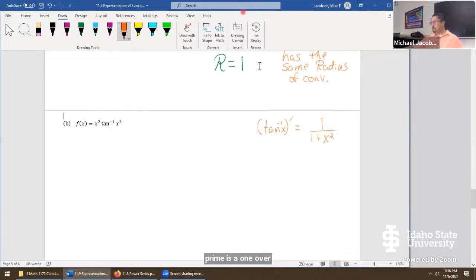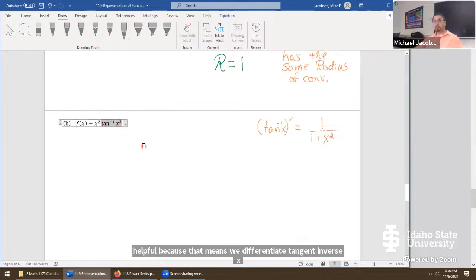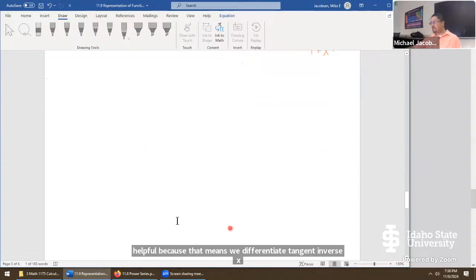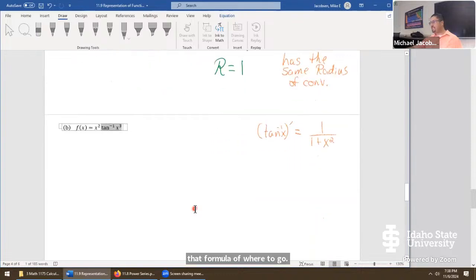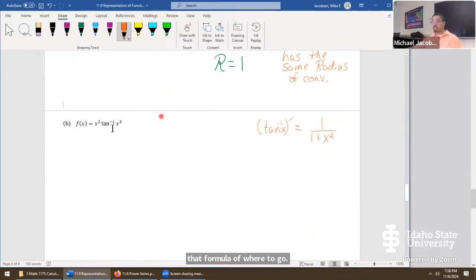That's helpful because that means if we differentiate tangent inverse x, or even this thing right here, we should be able to use the same exact trick with the geometric power series to represent this function.